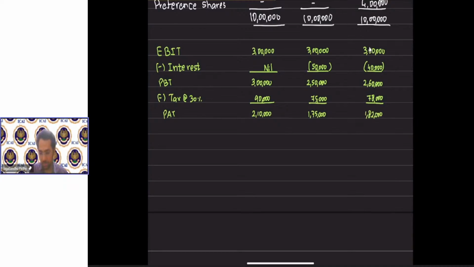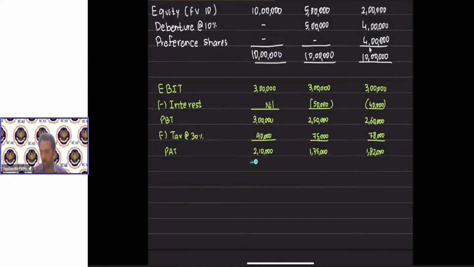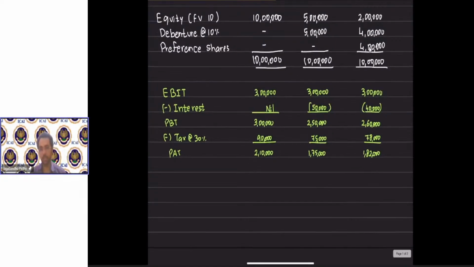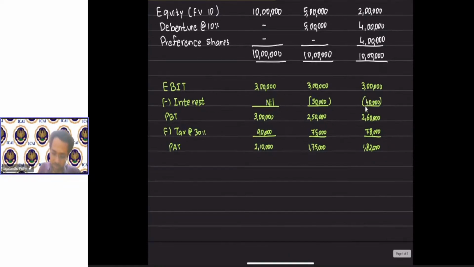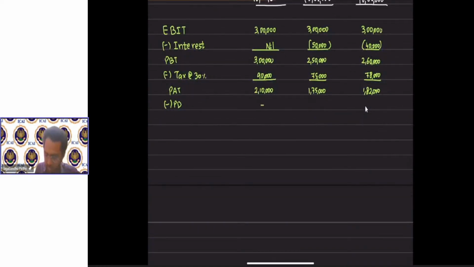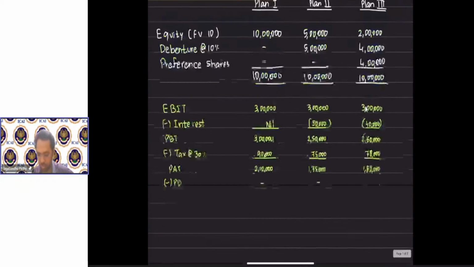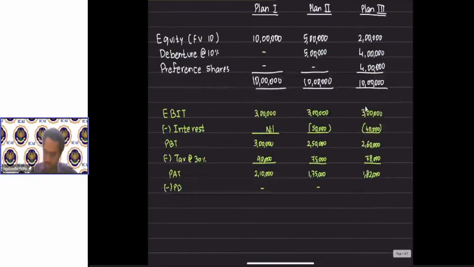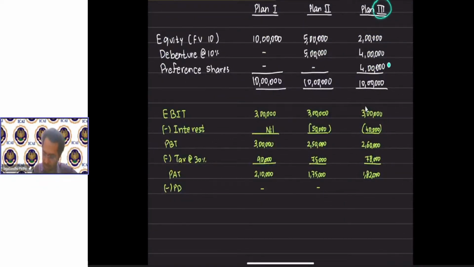Now tell me, by looking at this profit after tax figure, can I decide which plan should be chosen? No, sir, you cannot simply decide which plan is to be chosen, because one more expenditure is yet to be subtracted, and that's the preference dividend. We don't have anything in the first two plans. But in the third plan, we do have preference shares.